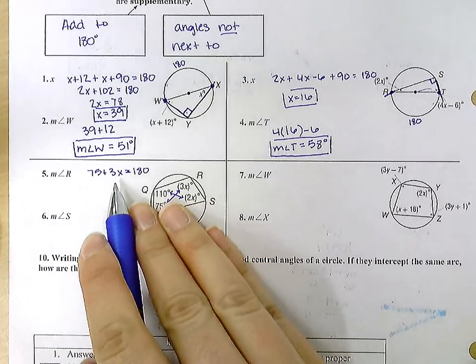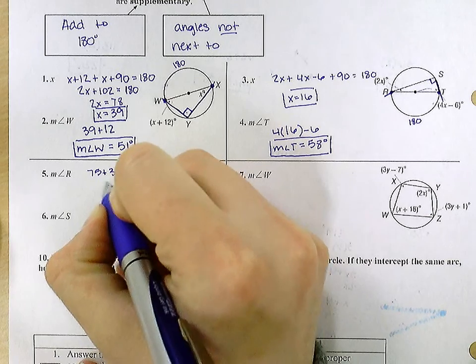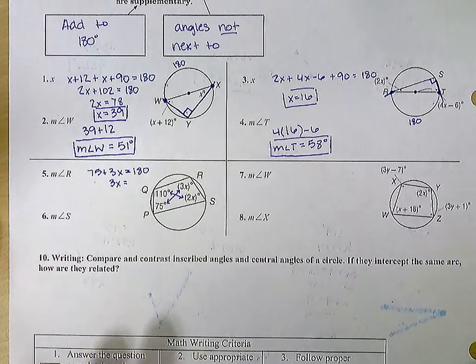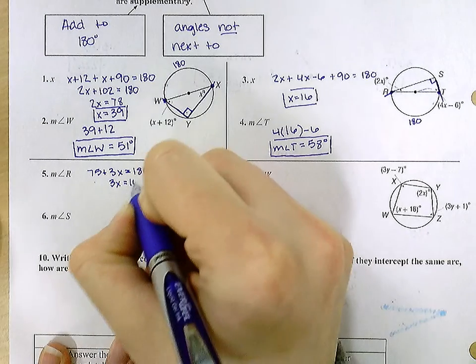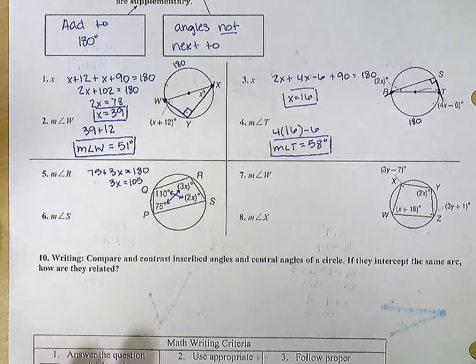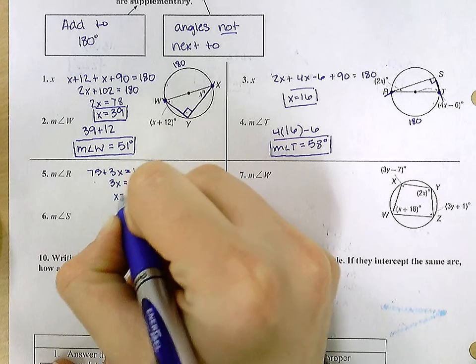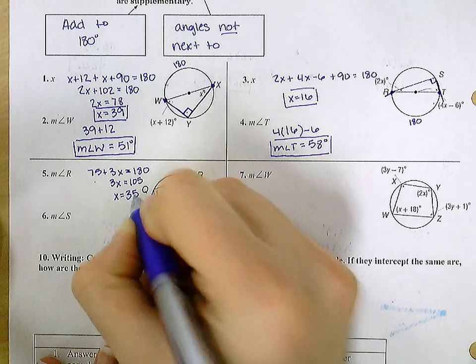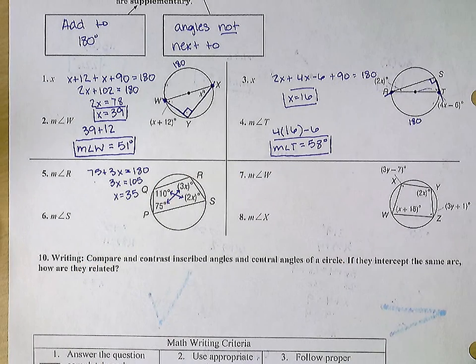Okay, so from here I'm just going to solve for x. So I'm going to subtract 75 from both sides to get 3x is equal to 105. Then divide by 3. And x is 35.